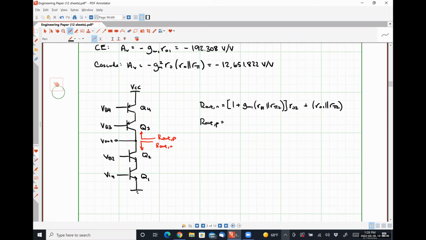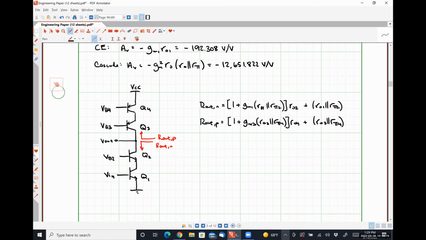So I would argue that literally by inspection here, we're going to call this 1 plus GM3 R0 in parallel with R pi 4 times R0 4 plus R0 in parallel with R pi 4.